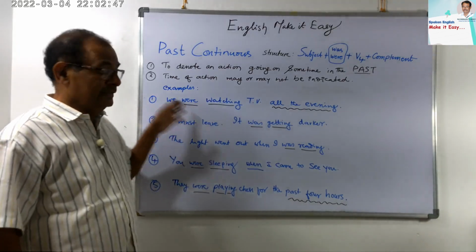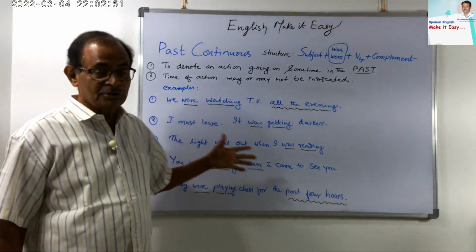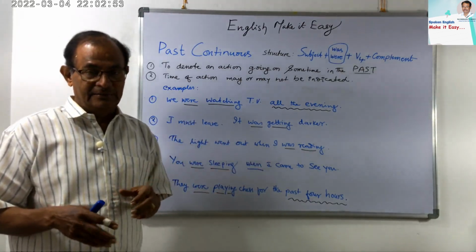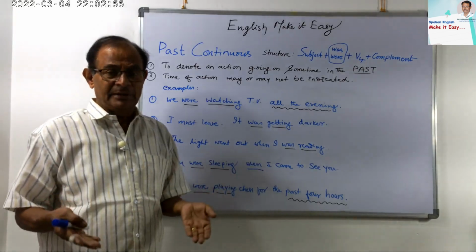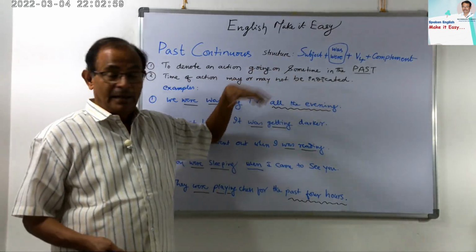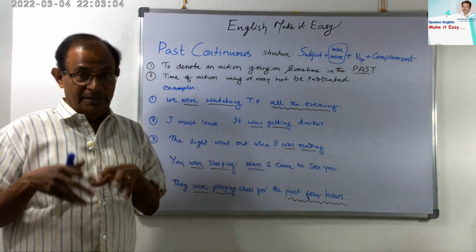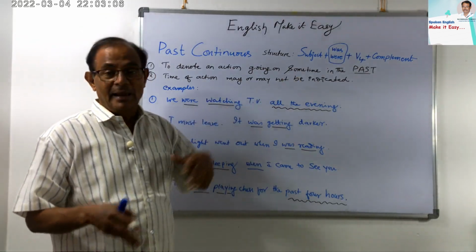So friends, these are the good examples for the past continuous. In this structure only you have to construct sentences. You take any verb, regular or irregular, have a subject, and use was and were depending upon the singular or plural nature of the subject, and then have the V4 form.